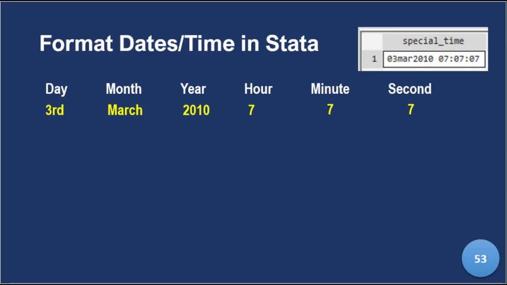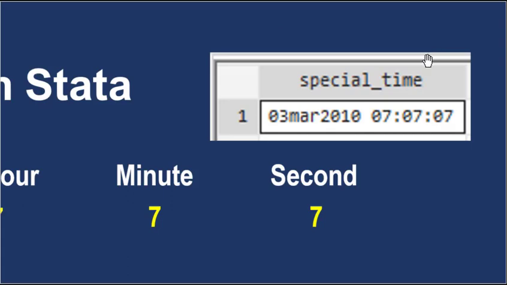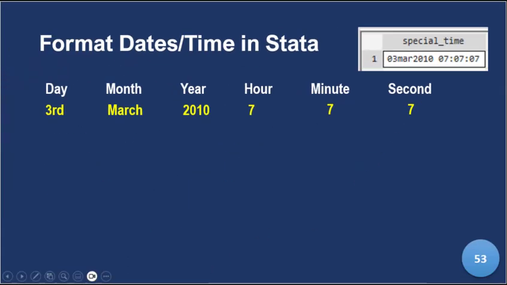The particular date that you find in Stata here, and I'll just zoom in a while to it, this one that you see here, is a Stata date. That one has all these 6 elements we have mentioned. This is 3rd of March 2010. This is 7 o'clock in the morning, 7 minutes past 7 and 7 seconds.